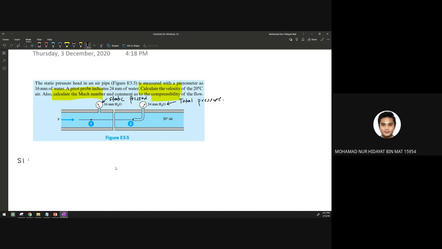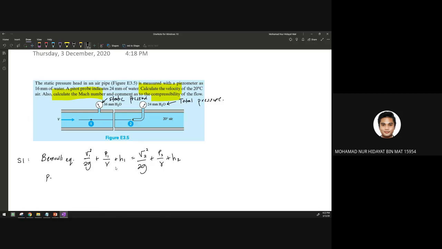So definitely using the Bernoulli equation: V squared over 2g plus static pressure over gamma plus H1 equals the same on the other side, with H2.